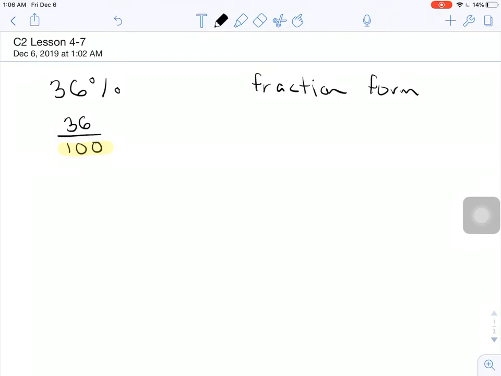Since this has a denominator of 100, this is the tenths place, and this is the hundredths place. Since this is 36 hundredths, we would turn it into a decimal that has hundredths. So 36 hundredths as a decimal would be 0.36. That turns the percentage into a decimal.